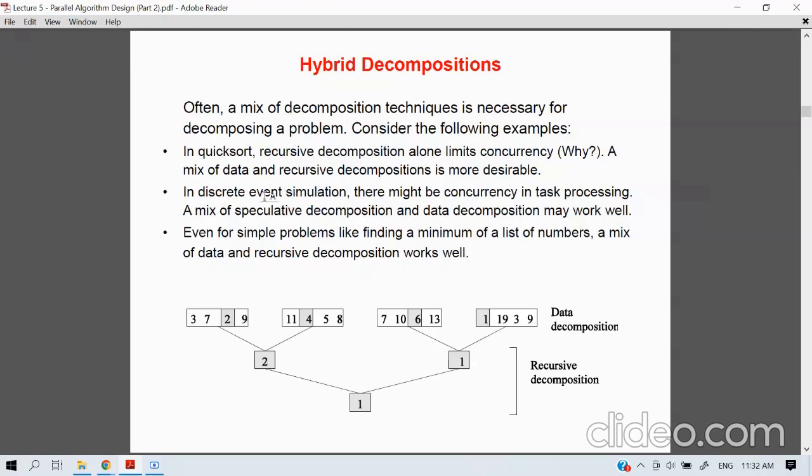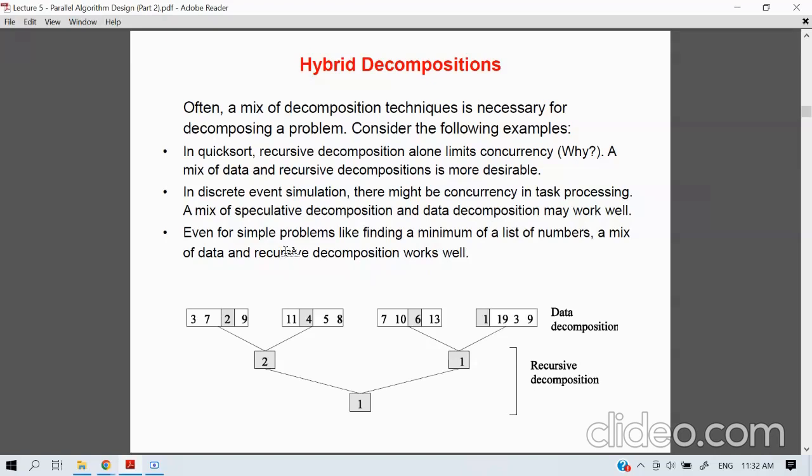In this case, discrete event simulation, dia kata there might be concurrency in task processing. A mix of speculative decomposition and data decomposition may work well. So instead of using speculative only, maybe we can combine it with data decomposition that might increase the performance of the parallel processing.